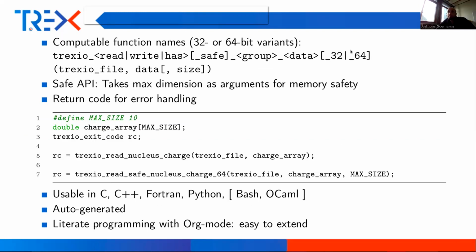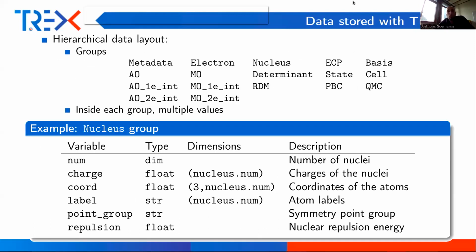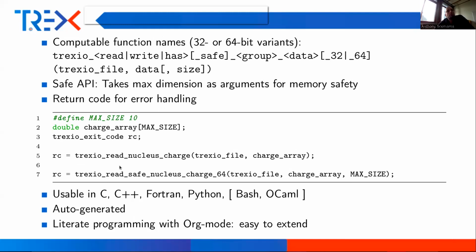The names of all the functions, you can find them once you know the groups and the variables. You can find the name of the function that you need. It will always be trexio, then you use read, write, or has. Then you have or not this safe attribute.